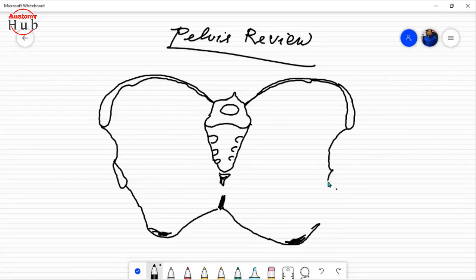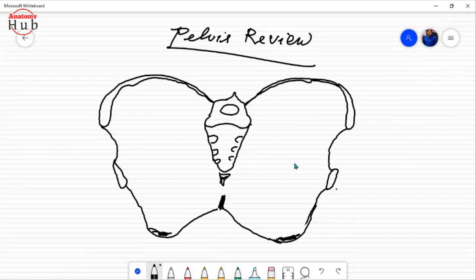That also makes the margin of your acetabulum, and then it descends downward as the ischial tuberosity. In this way you can draw the ischial tuberosity along with the whole of the hip bone over here.